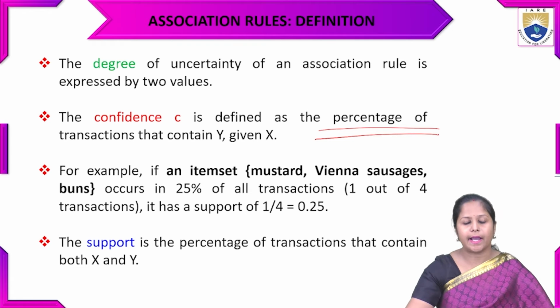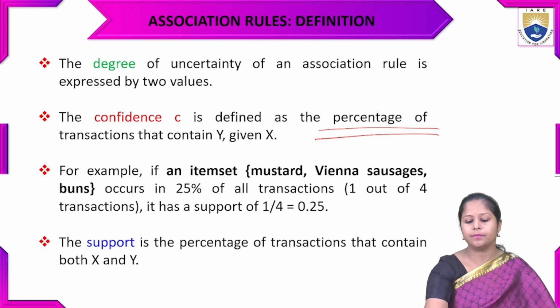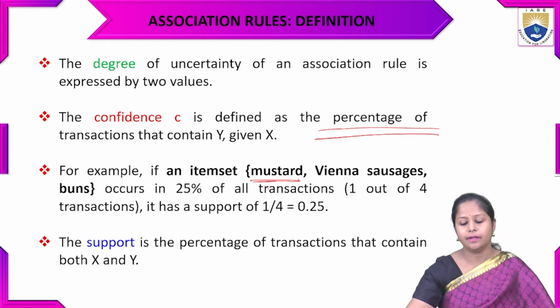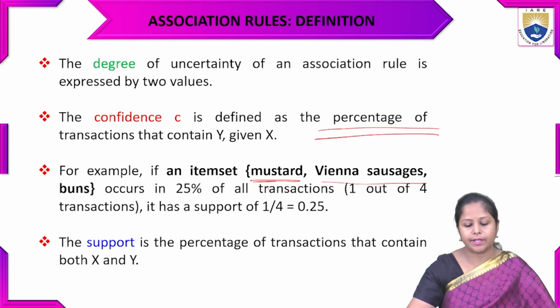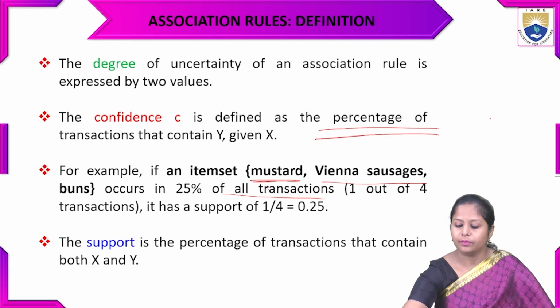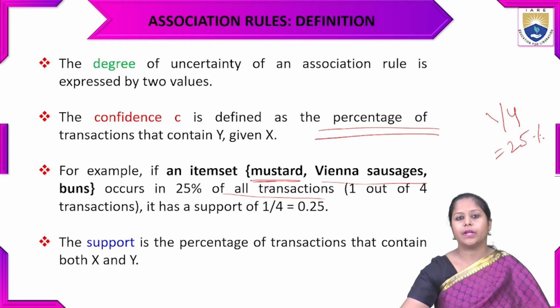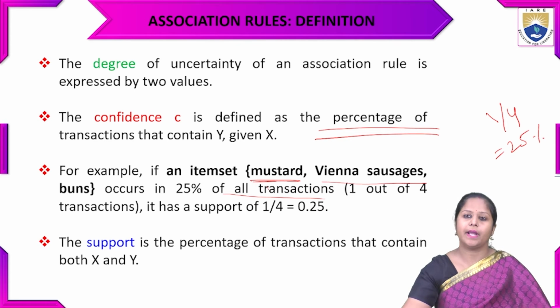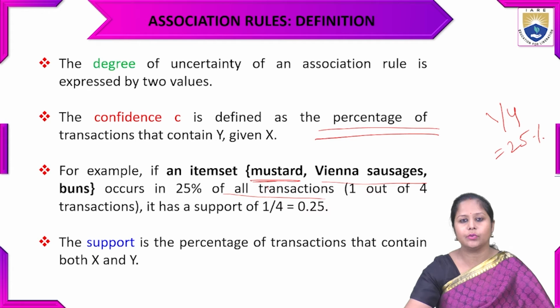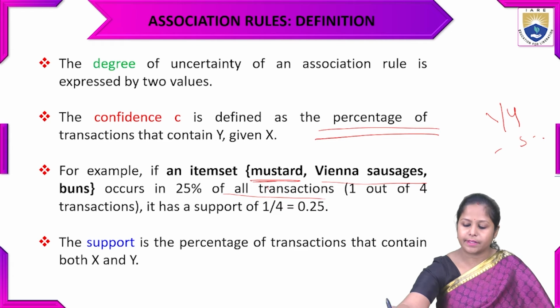We will understand this by an example. If there is an item set having mustard, Vienna sausages and buns, these three items occur in 25% of all of the transactions. 25% means 1 by 4, so the support is 1 by 4, that is 0.25.